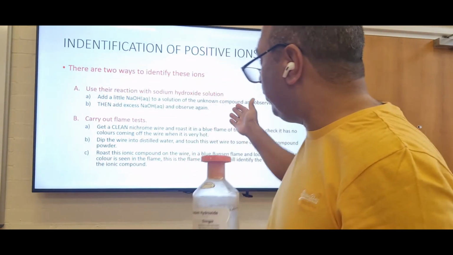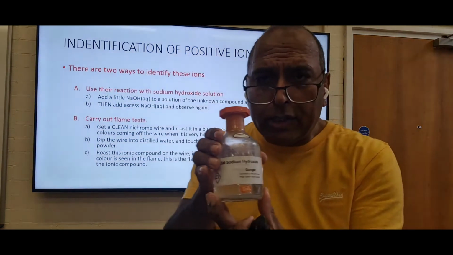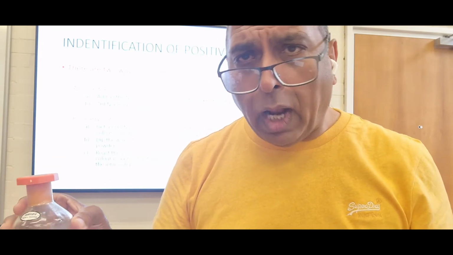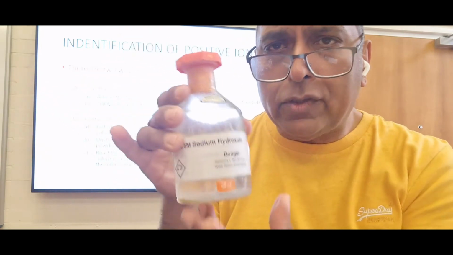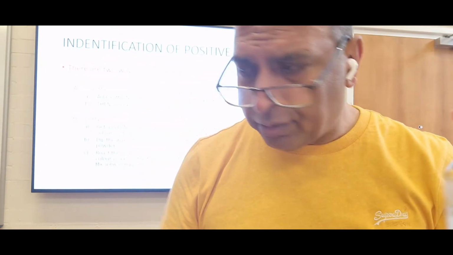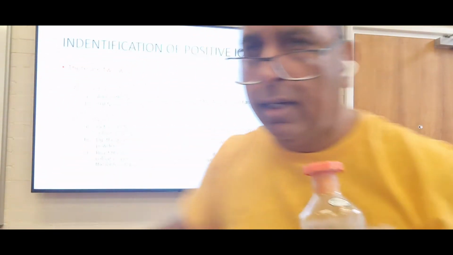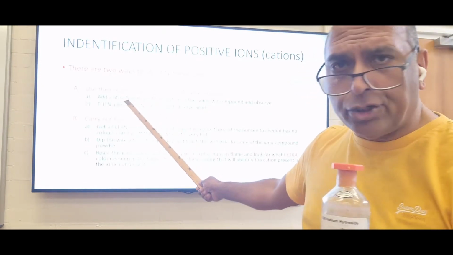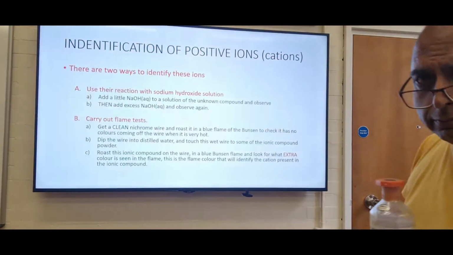So we've got sodium hydroxide solution, and we're going to add a few drops of that to our unknown, and we're going to look to see if we get a reaction, and then we're going to add loads. When we add loads, we say excess, and having added a little, can you see that?